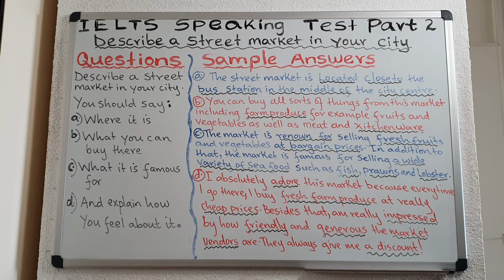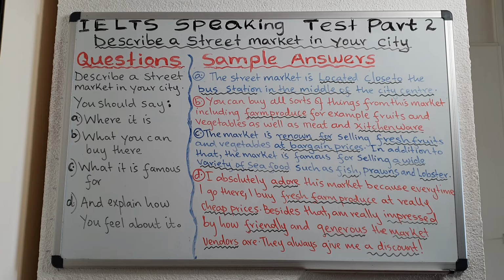Renowned means it is famous for selling fresh fruits and vegetables, that is, fruits that have just been harvested from the garden, and the farmers have brought them to sell in the market, so they are completely fresh. Fresh fruits and vegetables at bargain prices. Now, bargain prices means cheap prices.